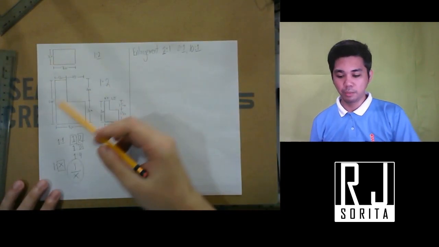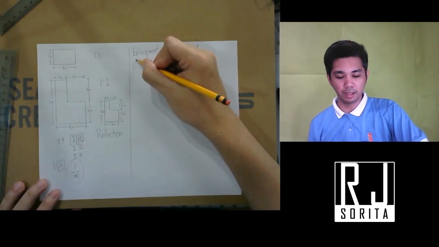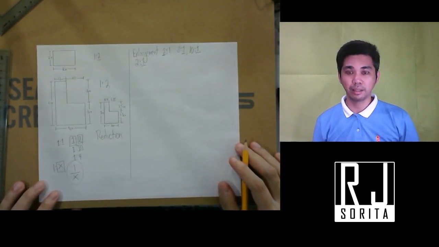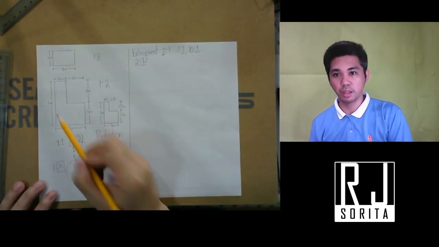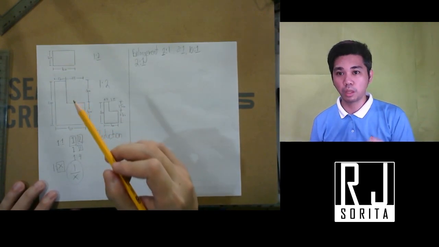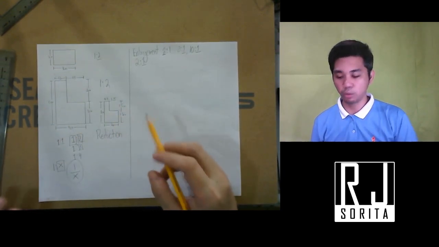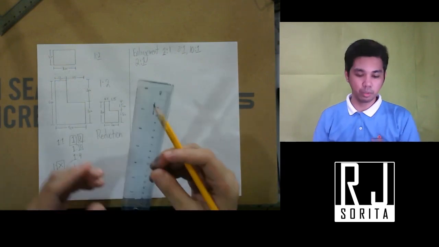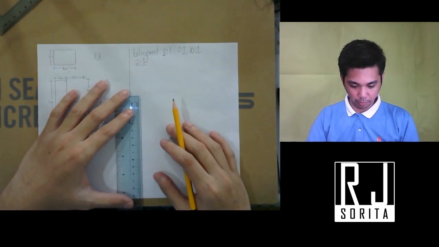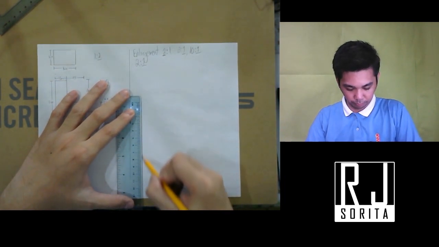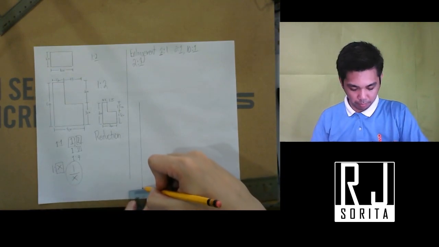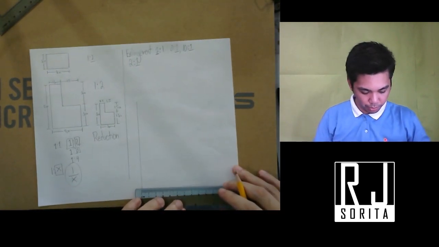So let's say we will have a 2:1 scale. So we are going to enlarge this object. How can we do that? We are going to multiply everything by 2. So this 6 centimeters will become 12 centimeters. And then the 4 centimeters will become 8 centimeters.